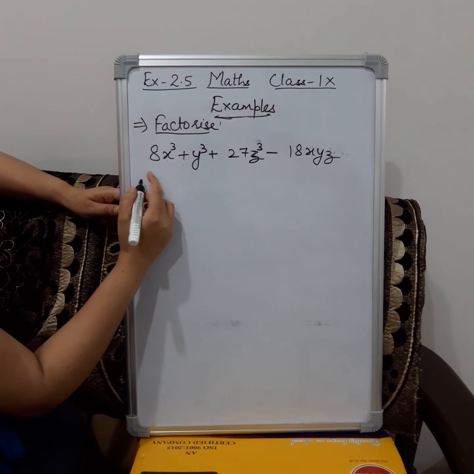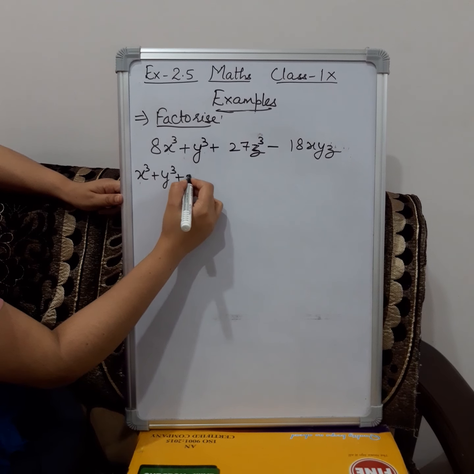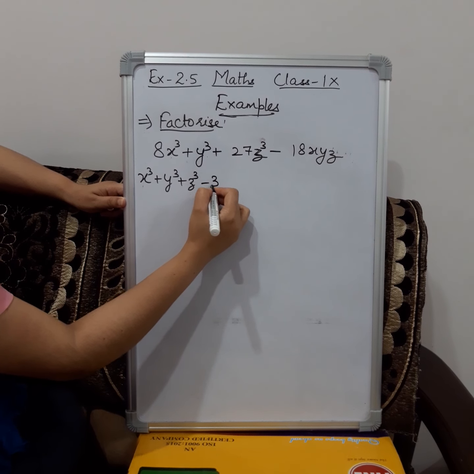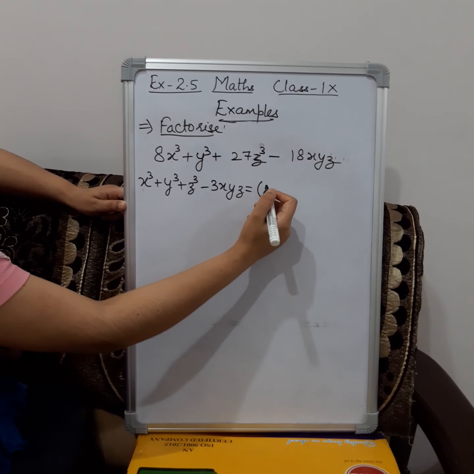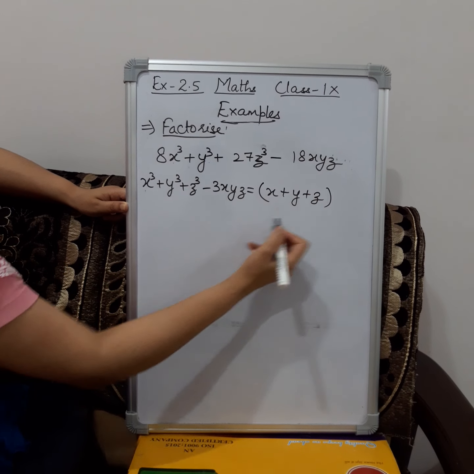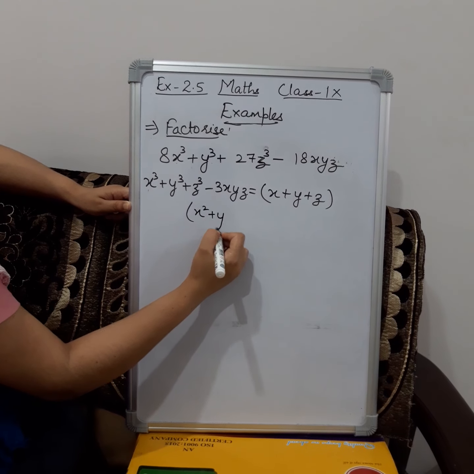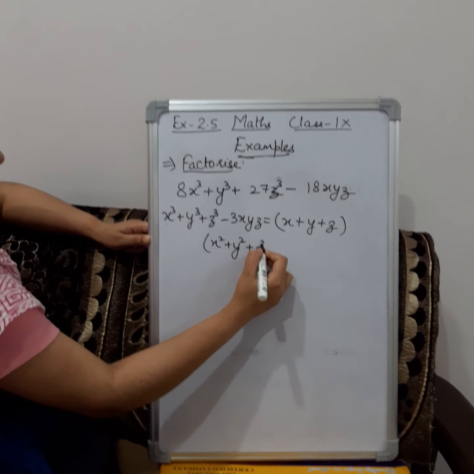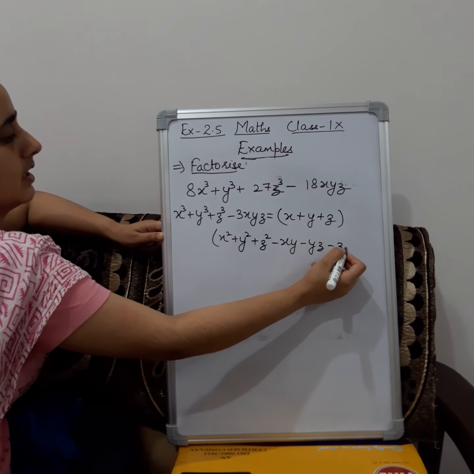What was the identity? x cube plus y cube plus z cube minus 3xyz is equal to: first bracket will be (x plus y plus z), and then the second bracket is x square plus y square plus z square minus xy minus yz minus zx.